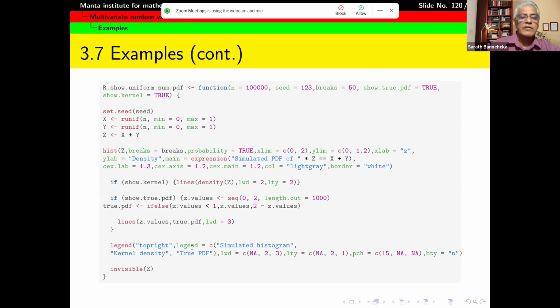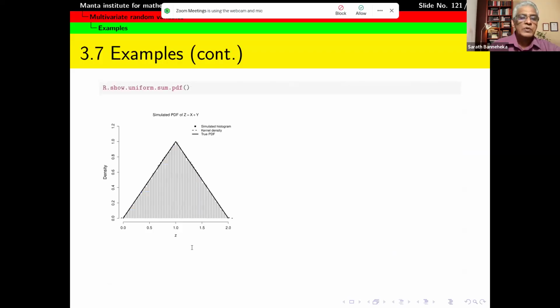Finally, I will have this picture here. This black line and the kernel, they are both almost the same. The kernel density is the estimated density. The dark line is the true density, and this part is the histogram when you actually generate the data.